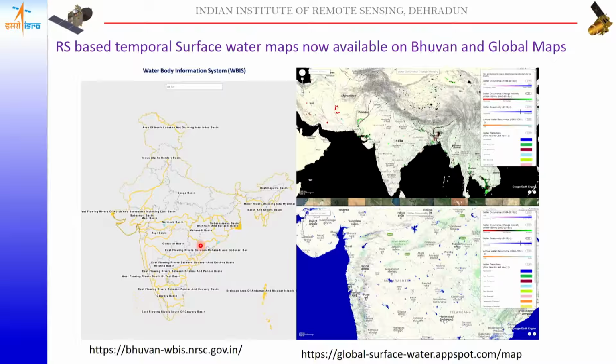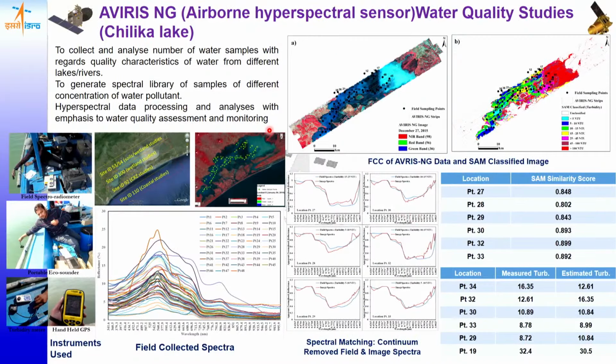And on a global time scale, you have the Global Surface Water Explorer, which is available offline as well as in Google Earth Engine, which can be used to estimate the spatial and temporal changes in the water occurrence and other metrics of the water sources. And apart from this, if you want to quantify how turbid the water is, what the turbidity is in terms of NTU, you can use the hyperspectral data.